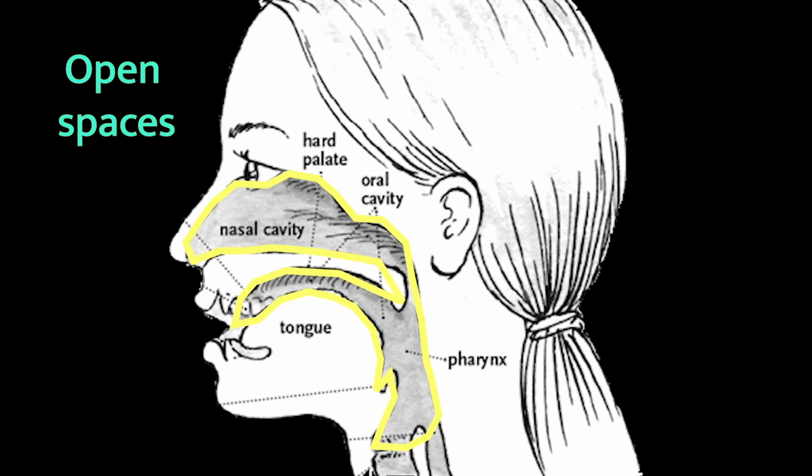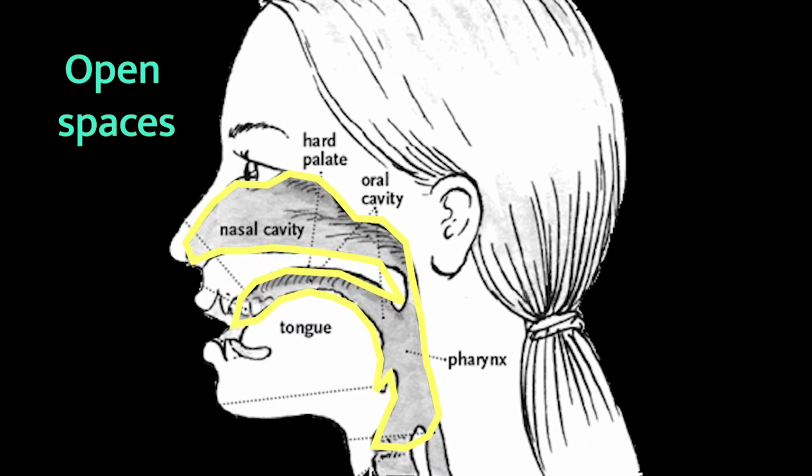The reason why the inside of the throat, mouth, and nose is shaded in a darker color is because these areas are open spaces. Look in a mirror and open your mouth. You'll see a big open space, except for the space that is taken up by the tongue, teeth, and the roof of the mouth.